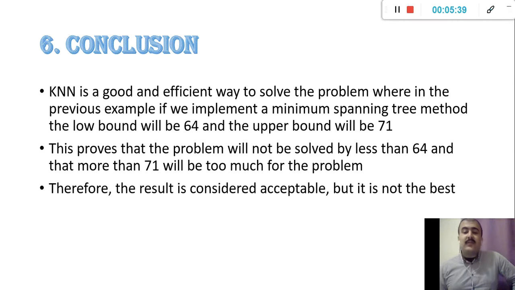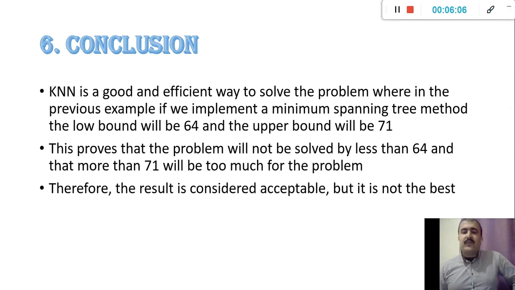Everything past 71 is not efficient and will cost us more. So when we start from point B, the value is 68, which is between the values the minimum spanning tree gave us.